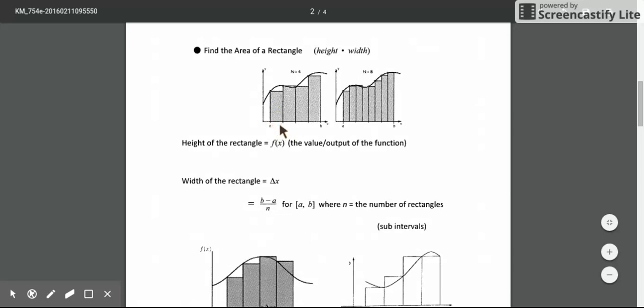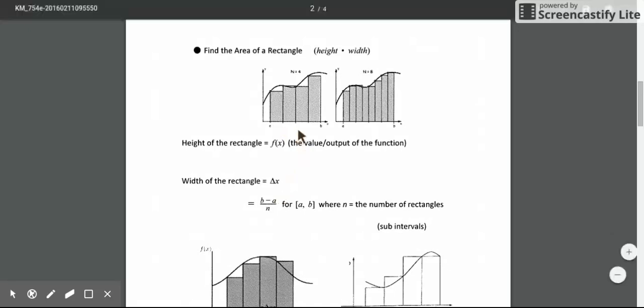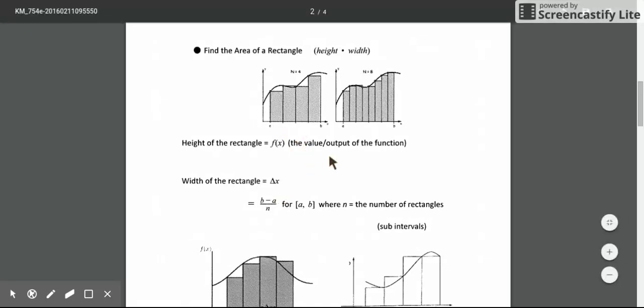So if I split up this interval into 4 equal rectangles, then I know what's called these little sub-intervals, and they're going to represent the width of each rectangle. So we're going to practice evaluating both of these so that we can find the area of the rectangle. Change of x, this width from here to here, is going to get broken up into the number of rectangles.